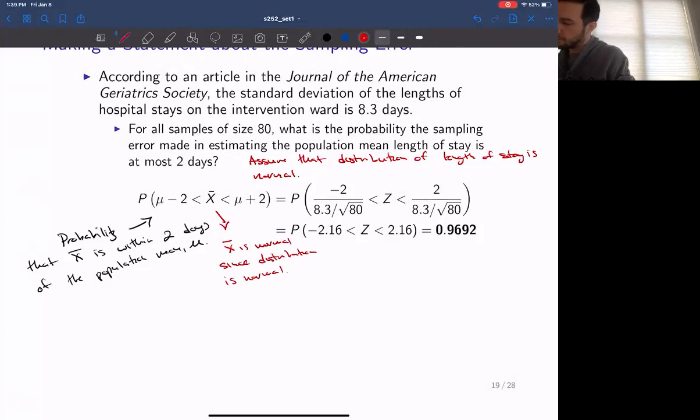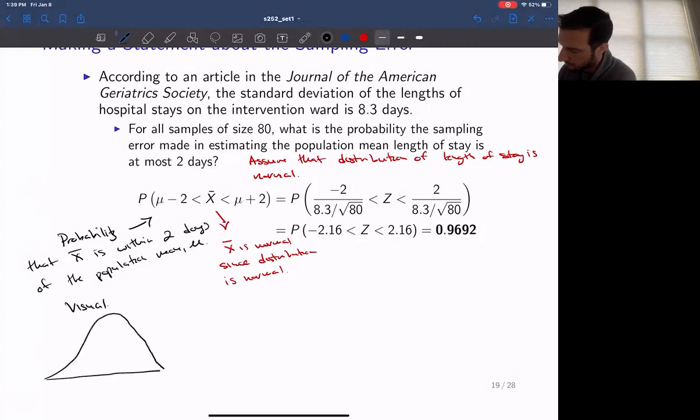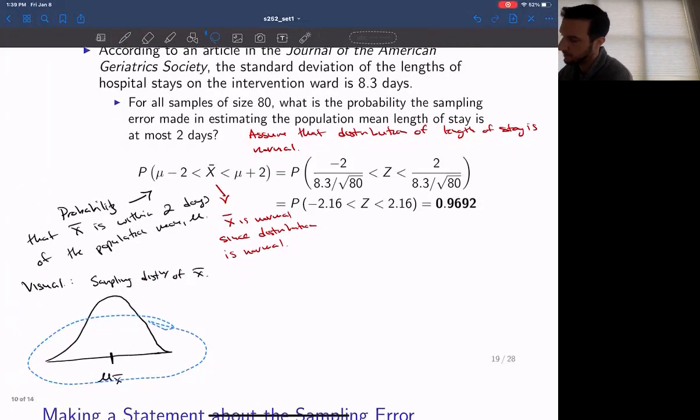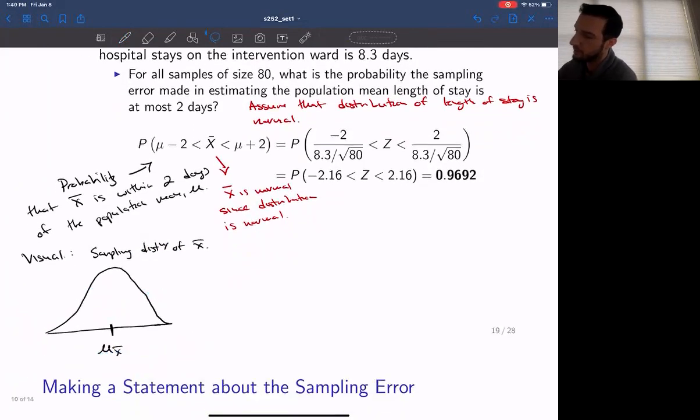Okay, so from a visual point of view, I have the following. So this is the distribution of X bar.